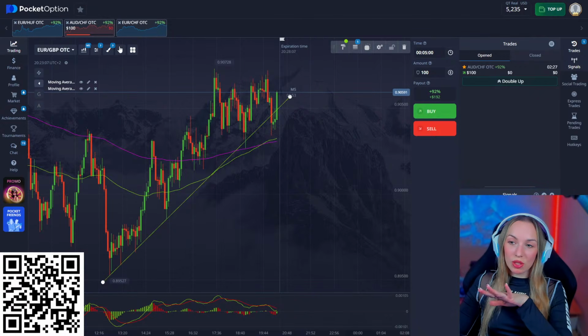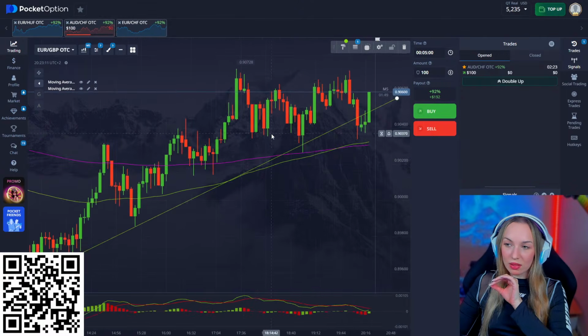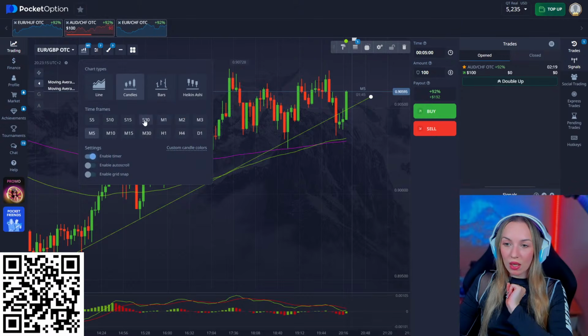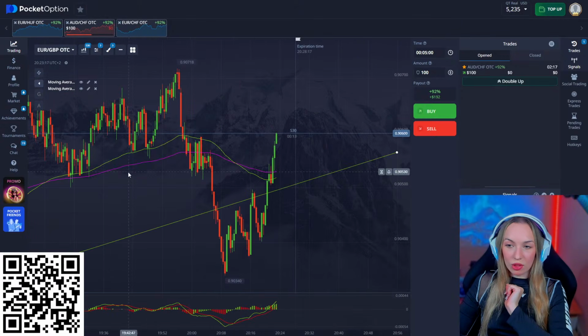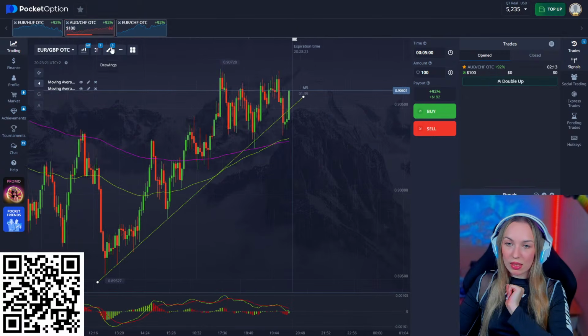Euro GBP actually has a clear structure, even though these candles look big with big shadows. Maybe we can take advantage of this one. Let me just see where the resistance is.